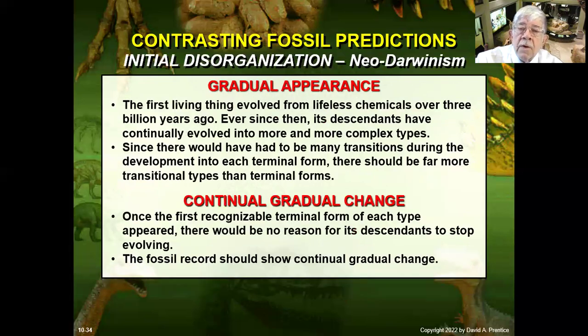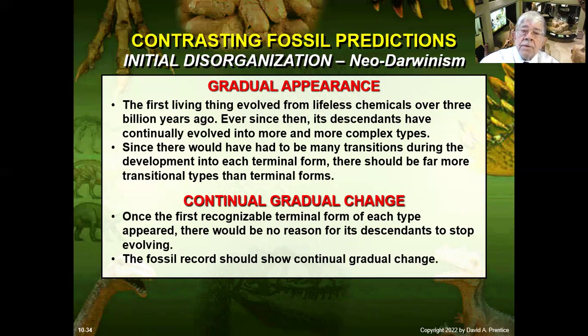Evolution says a very different thing. It says the first living thing evolved from lifeless chemicals over 3 billion years ago. Ever since then, its descendants have continually evolved by copying mistakes, mutations, into more and more complex types.